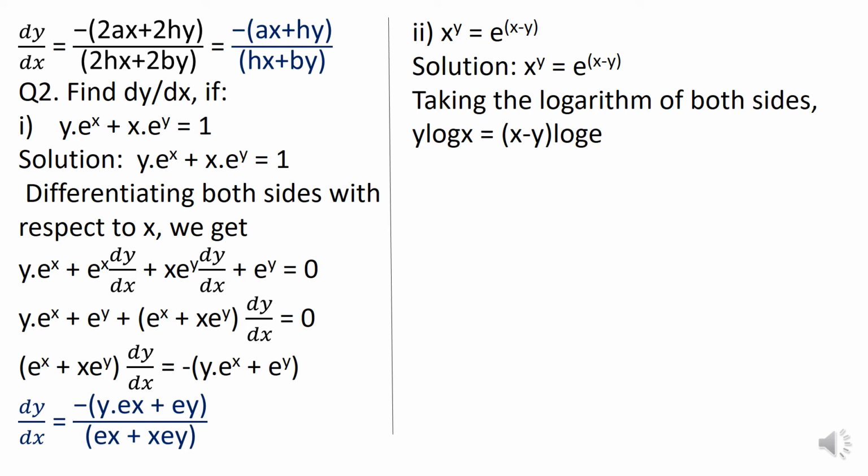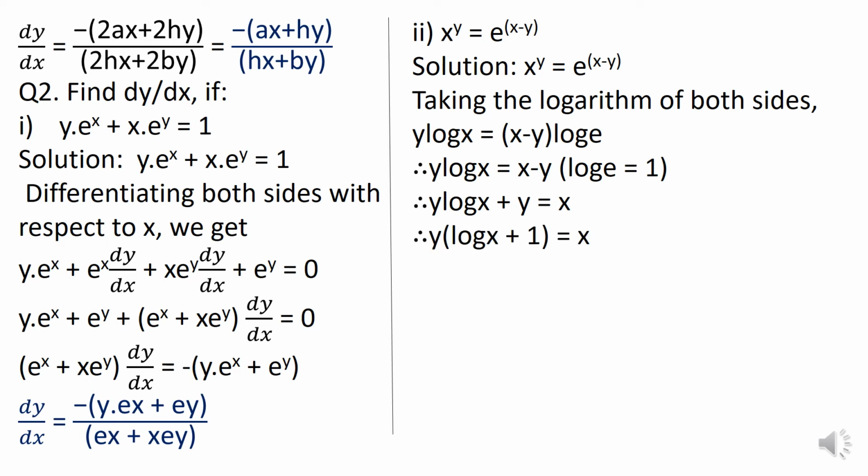Again, you realize from our previous lecture that the value of log e is 1. Thus, we get y log x is equal to x minus y. And then y log x plus y is equal to x. By taking all the y containing terms on one side in this sum, you get y log x plus y is equal to x. Now you take y common on the LHS. In the bracket, you get log x plus 1. Therefore, y becomes x upon 1 plus log x.